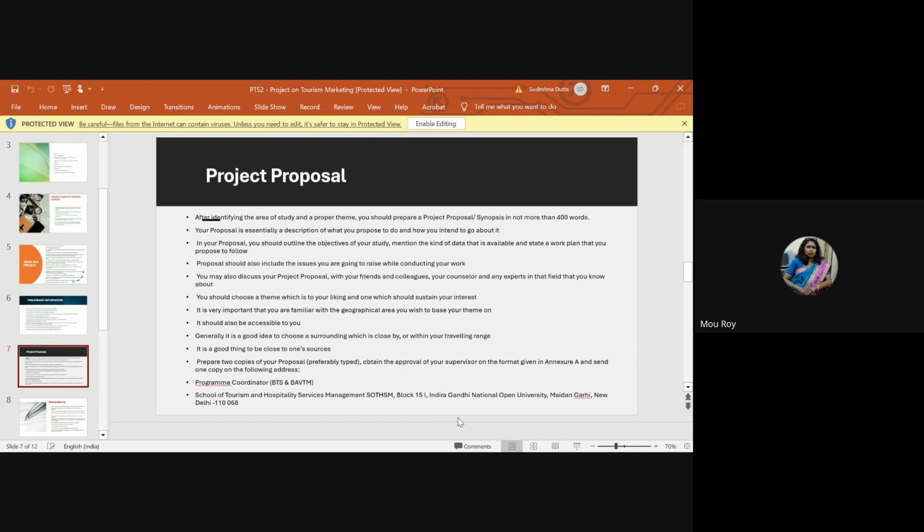Also mention the kind of data that is available, and you have to mention your work plan that you propose to follow. That is the reason why it is known as proposal. Proposal means this is how I am going to take ahead my work. That's why it is known as proposal.